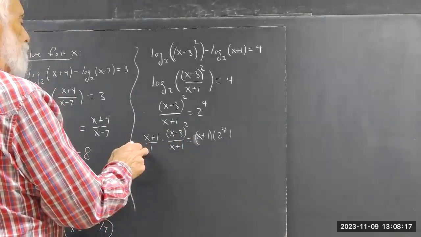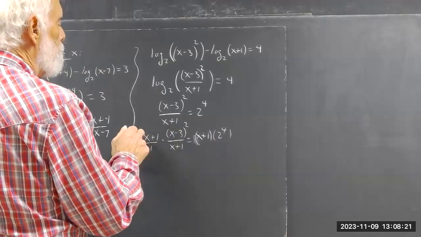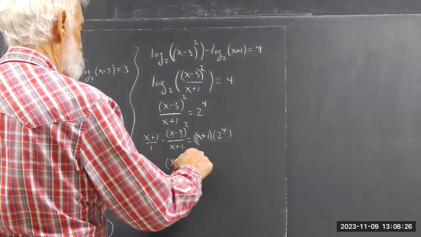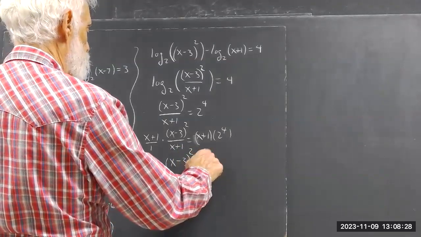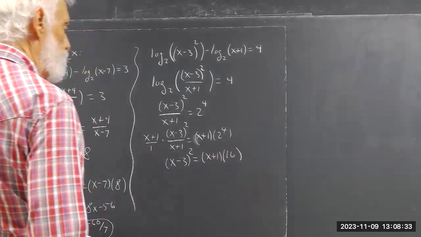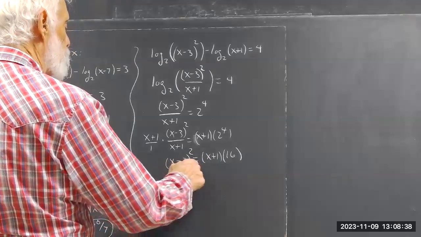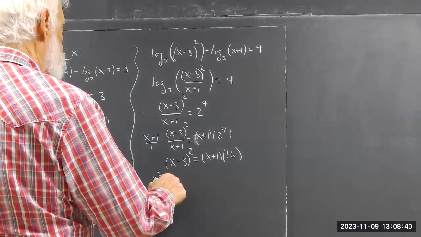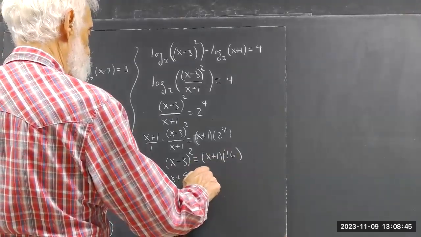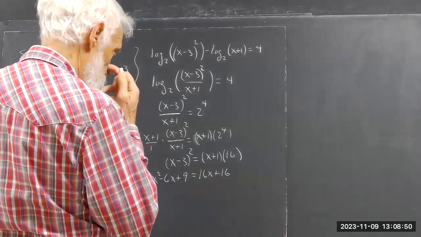We write it as a denominator here just to remind us we're using fractions. But in any case, the x plus 1 is going to divide out. Here's the equation. We can expand the square. We're going to get x squared minus 6x plus 9. We can multiply this out, and we're going to get 16x plus 16.